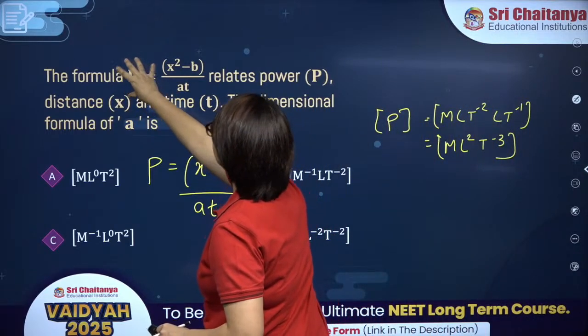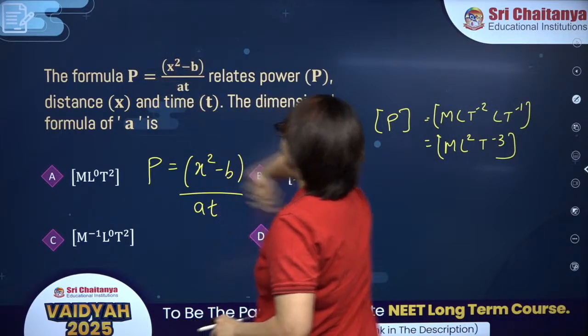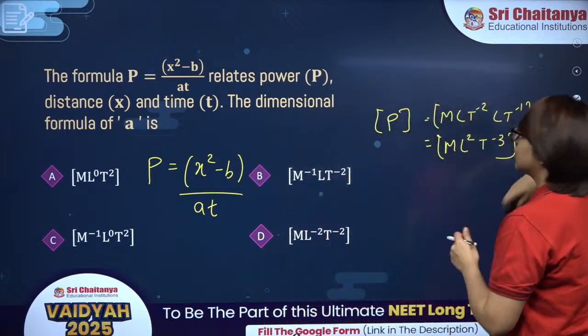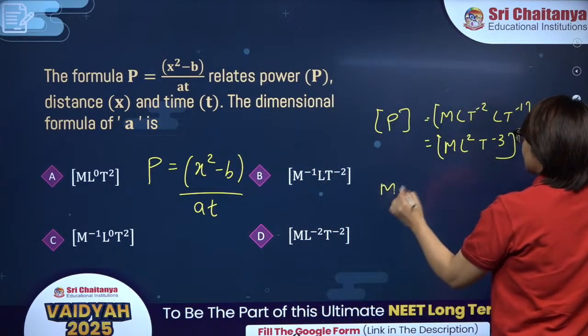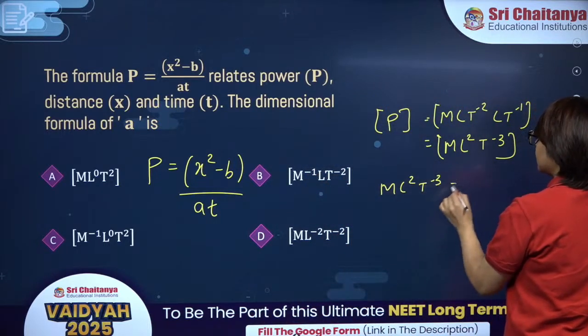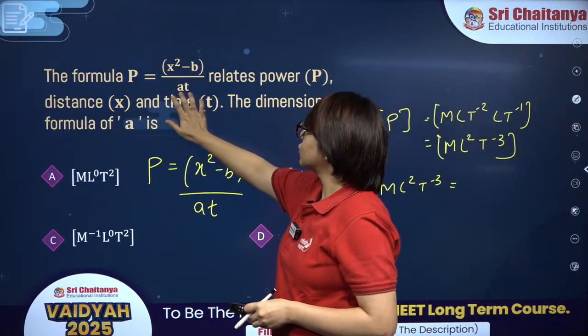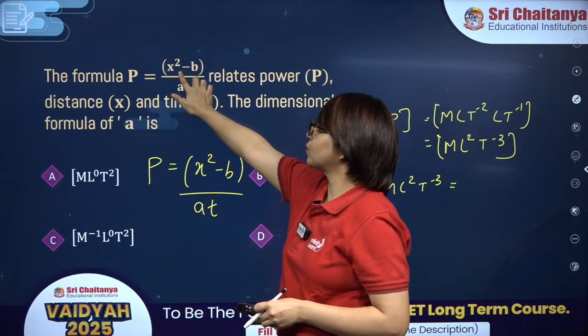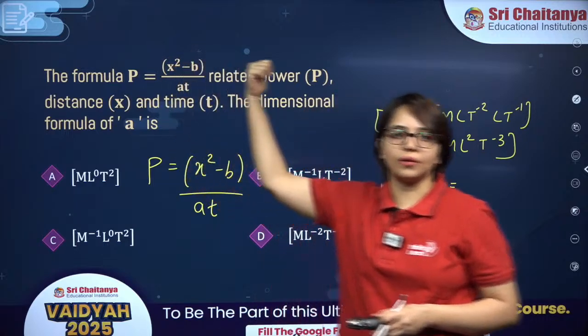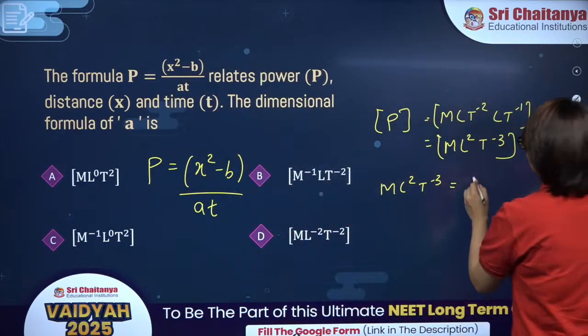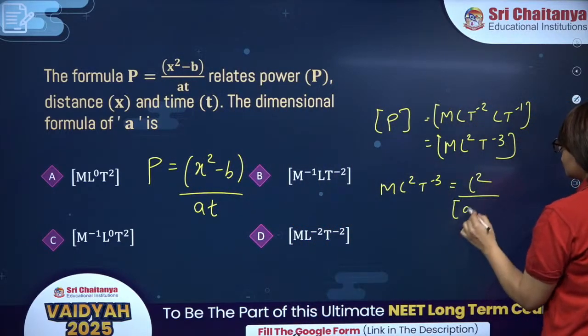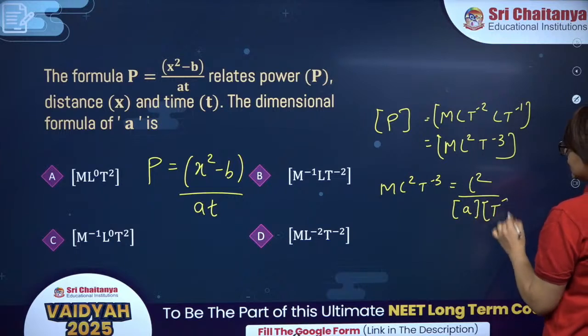That means if it is power, it should represent a power. So power is M L squared T to the power minus 3, and it should be equal to the dimension of this divided by the dimension of this. X squared is nothing but distance squared, so it will be L squared divided by the dimension of A into the dimension of T, which is T.